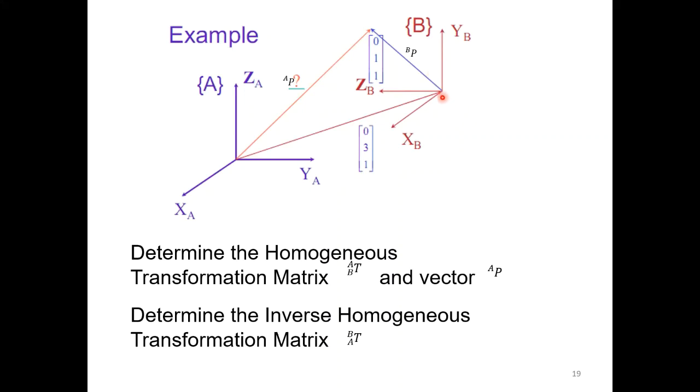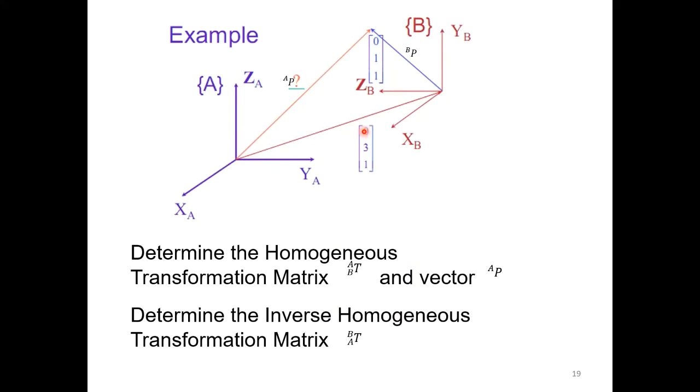If you look at this point, which is the origin of frame B, what are the coordinates of this point? 0, 3, 1. And the x coordinate is 0.